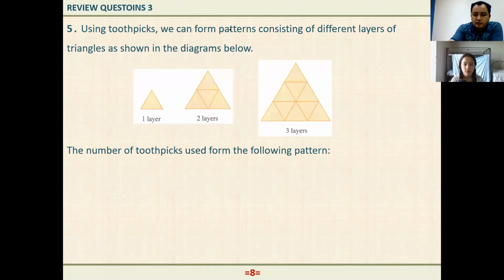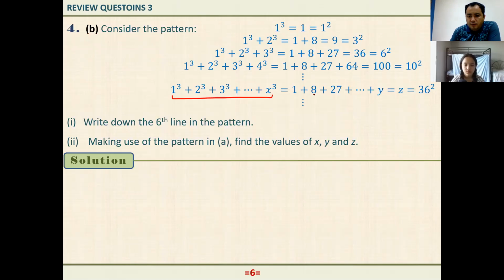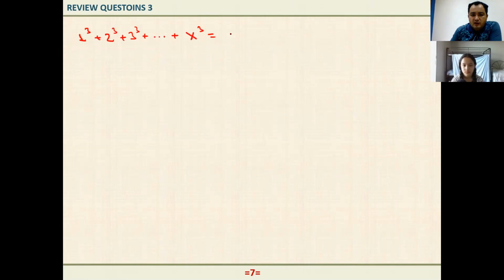And that is equal to 1 plus 8 plus 27 plus y, and that is equal to z, which is 36 squared.